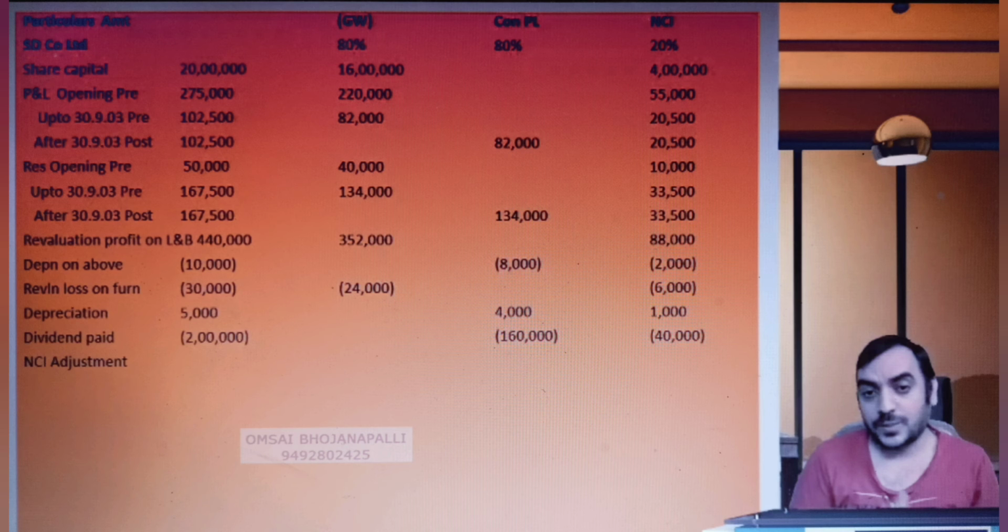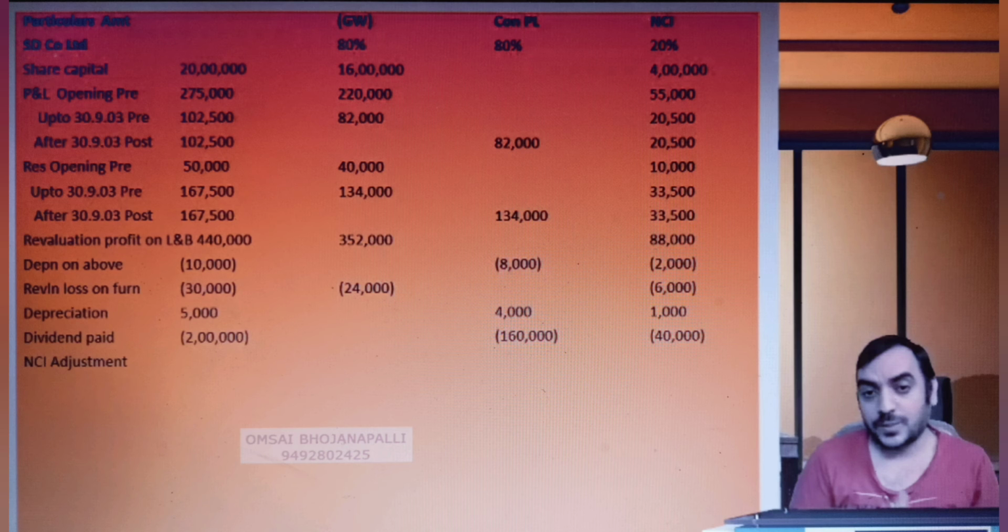What is the land and building of the subsidiary? They said land and building standing in the books of SD Limited at 16 lakh. Revalued on the date of acquisition. But what we have to provide, to come to the date of acquisition, from 1st of April 2003 till 30th of September 2003, for a period of 6 months.